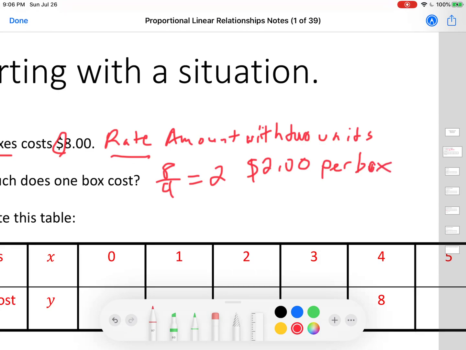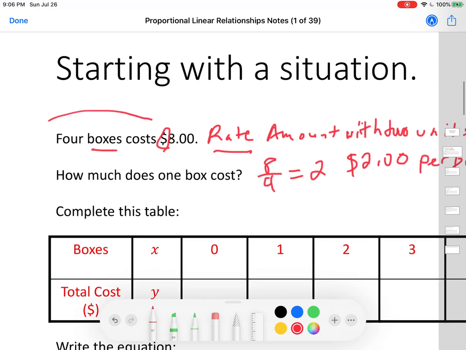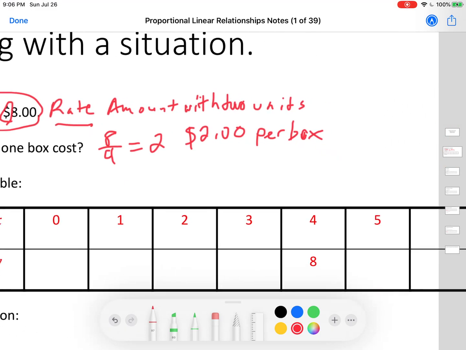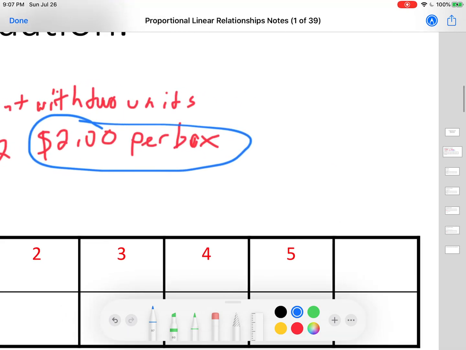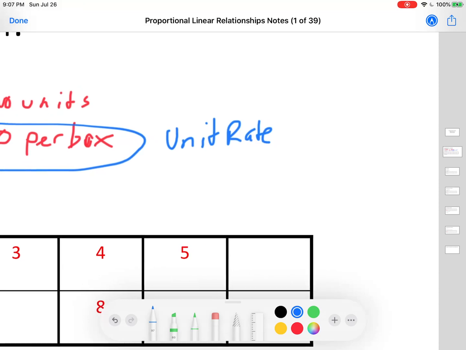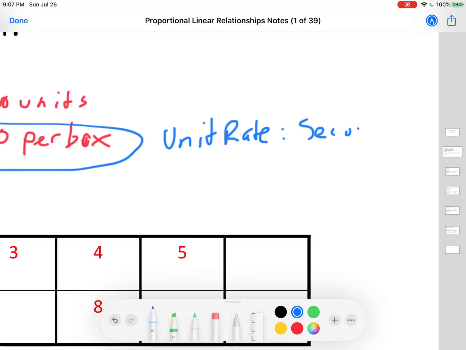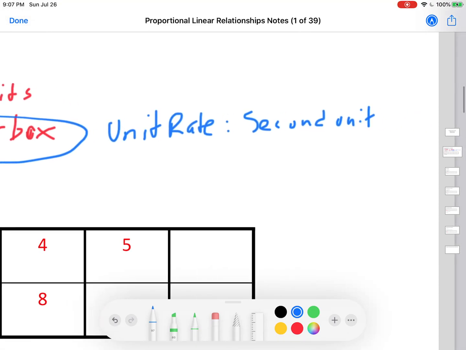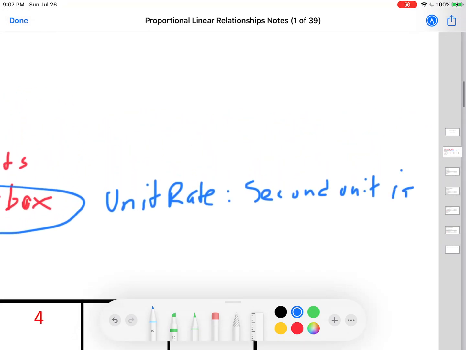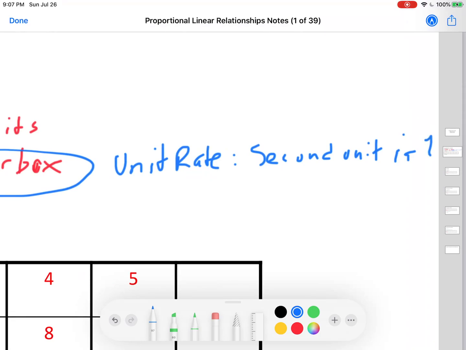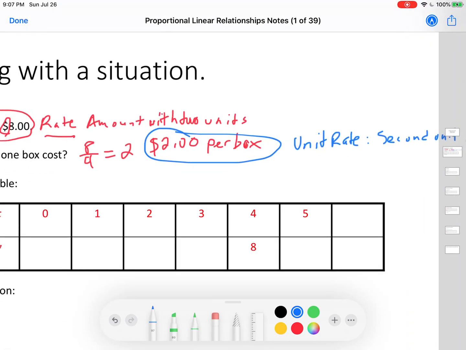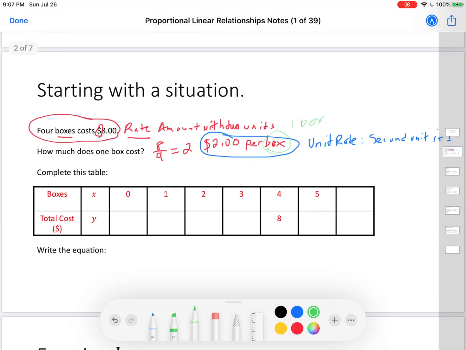Now, this was a rate: 4 boxes cost $8. $2 per box is still a rate, but it is a unit rate. And the difference is that the second unit has the value of 1. $2 per box. How many boxes? 1 box.